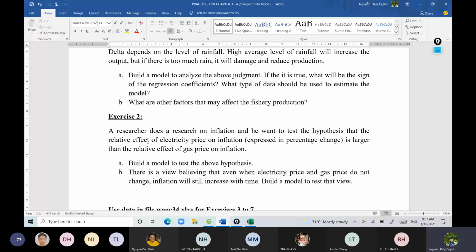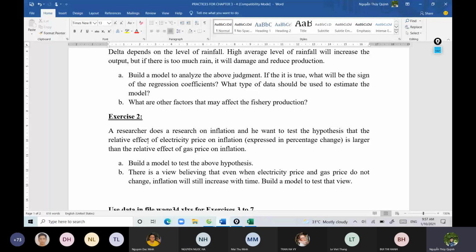Which form tells us about the relative effect, not the absolute change, but the relative change? The logarithm. Yeah, the logarithm model.